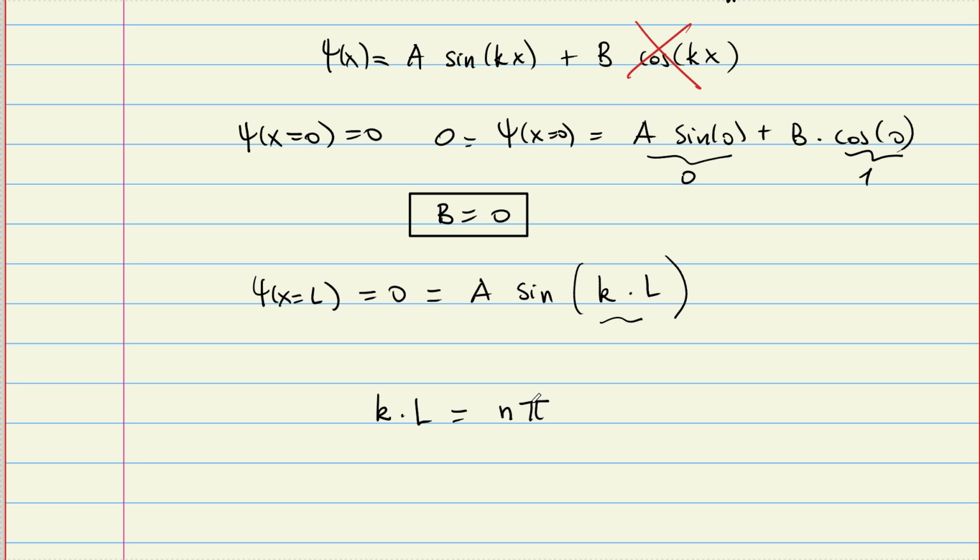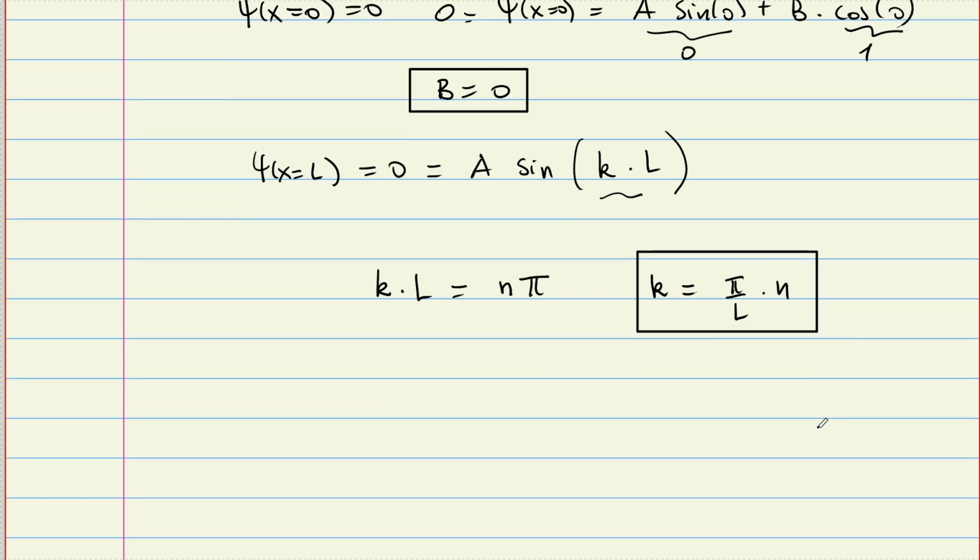Sine is 0 in the circle here and here. Good. Then k should be pi over L times n. Good. So the problem is solved.